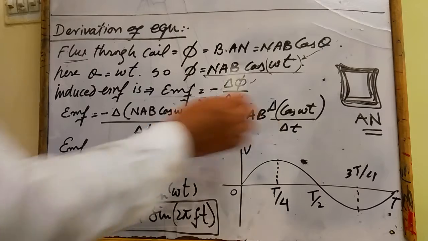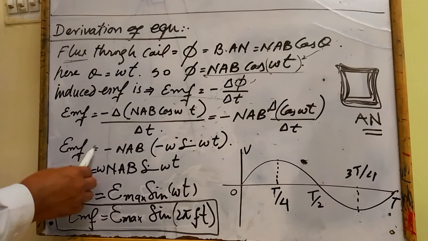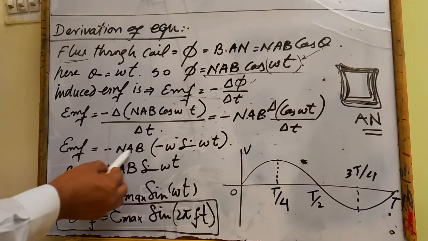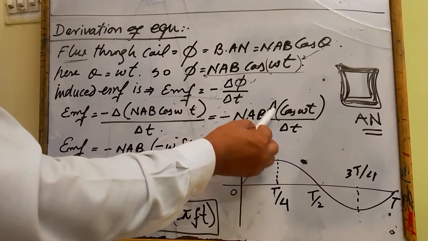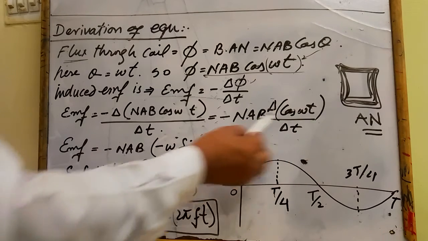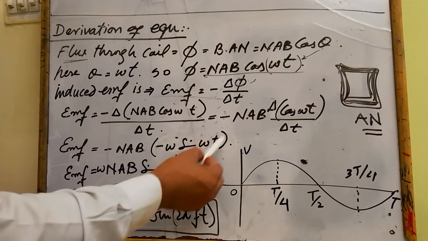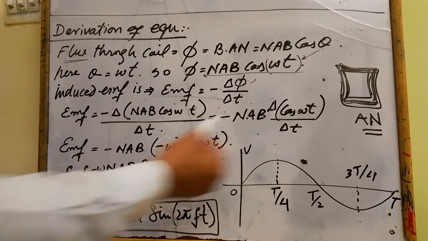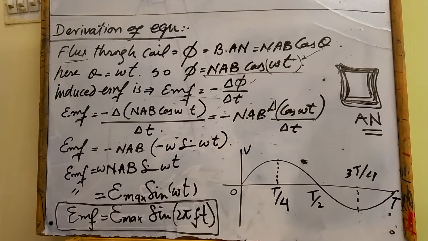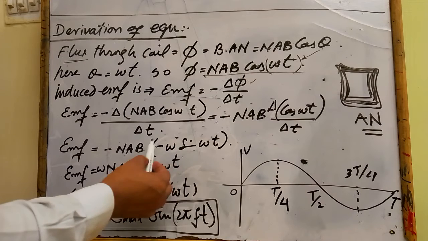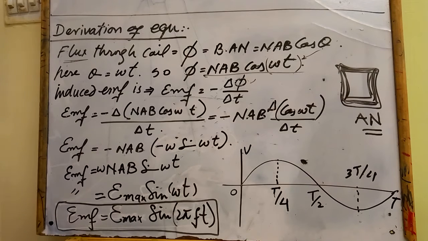In calculus, the derivative of cos of omega t is equal to minus omega sine of omega t. It can also be proved separately, but that is not the topic here, so it can be taken with reference from mathematics.